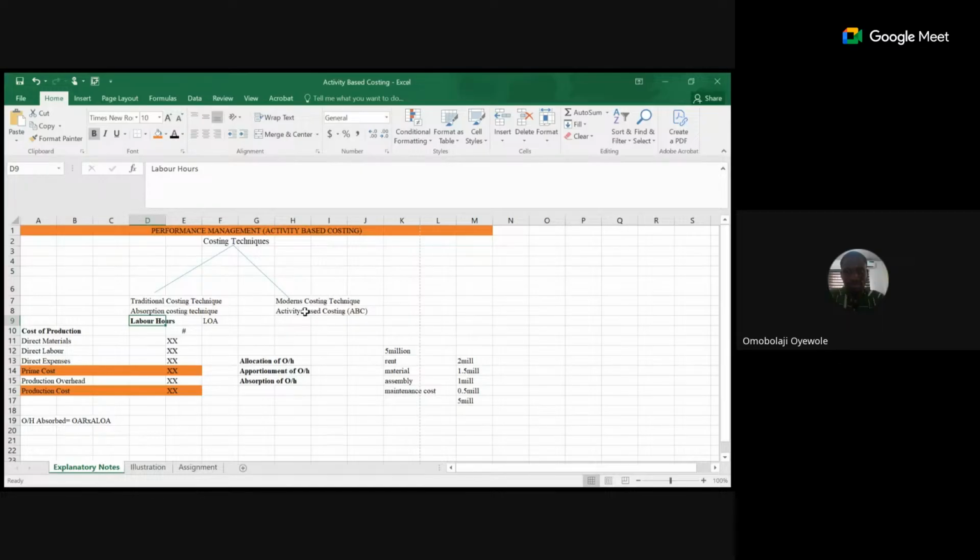A cost pool simply means grouping all similar costs together.